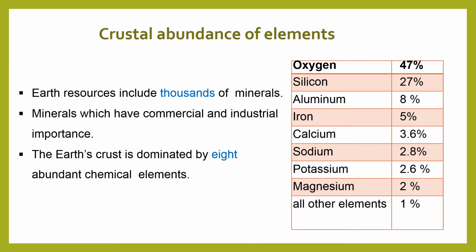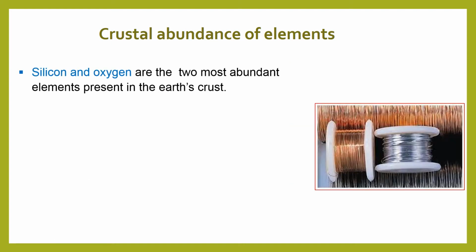Then the other elements. You see the percentage of the oxygen is the major one, 47% is oxygen. Silicon comes next, 27%. And you will see the silicon and oxygen are the two most abundant elements present in the Earth's crust.